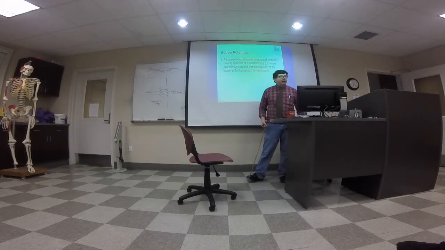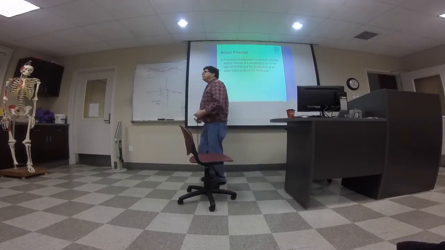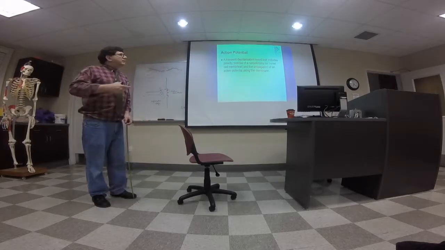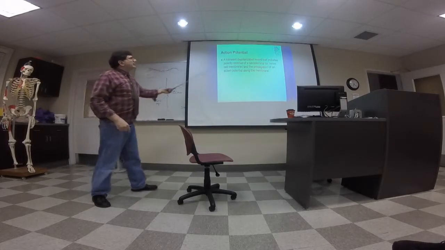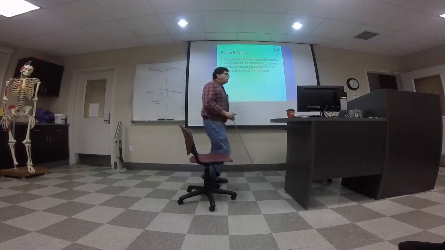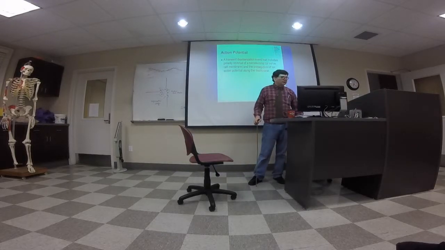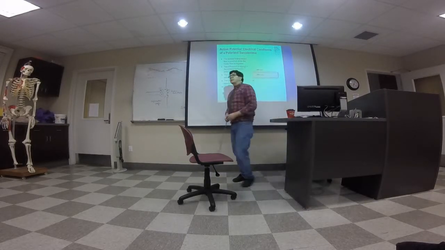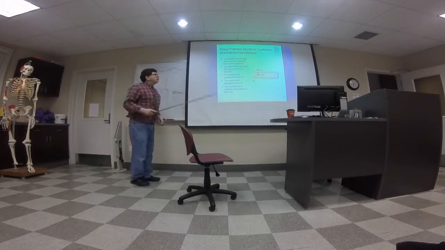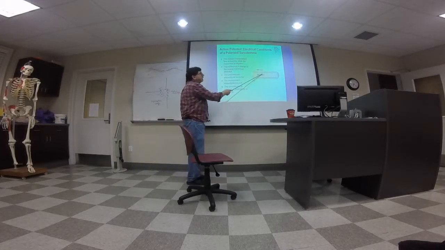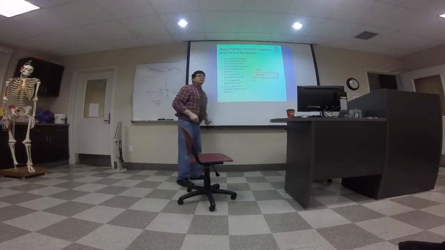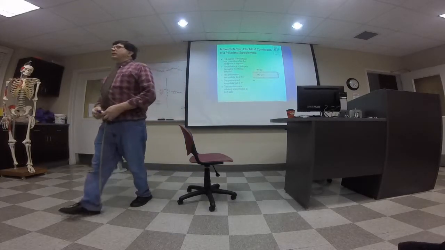Now, a transient depolarization event, which can then propagate along the sarcolemma, is called an action potential. We talked about action potentials with nerves. Okay? We said that at rest, the neuron, just like a muscle cell, has a resting membrane potential. Okay?